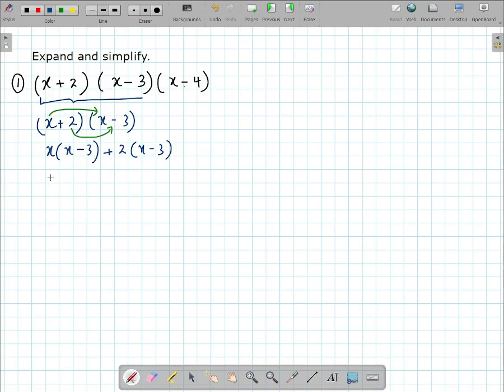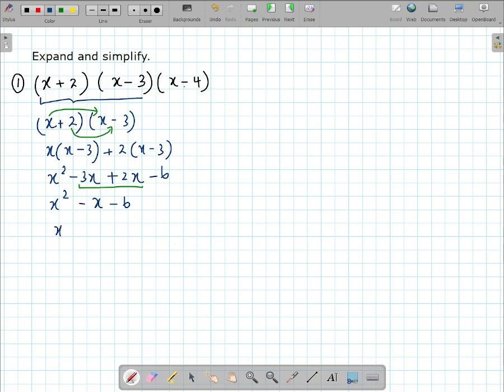Then x times x, x squared, x times minus 3, minus 3x, plus 2 times x, plus 2x, plus 2 times minus 3, minus 6. Then you can see here like terms. You can simplify and write x to the power 2 minus 3x plus 2x, that is minus x, and minus 6.